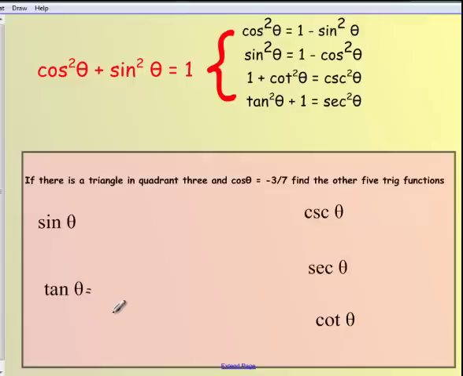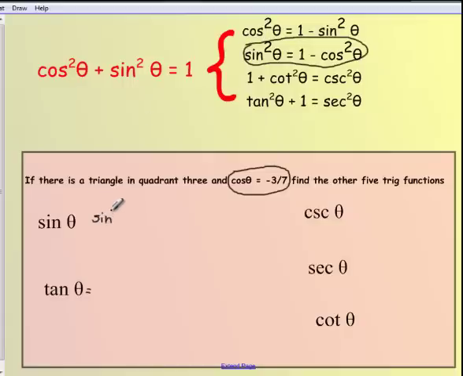Okay, sine. I know what cosine is. And up here, I have this formula right here. So I'm going to do that formula.